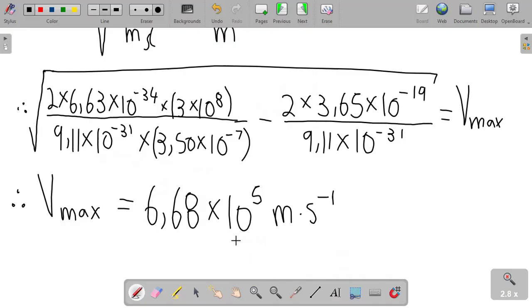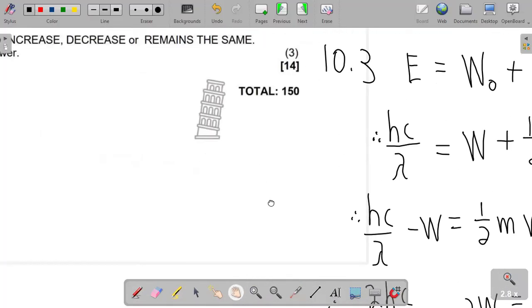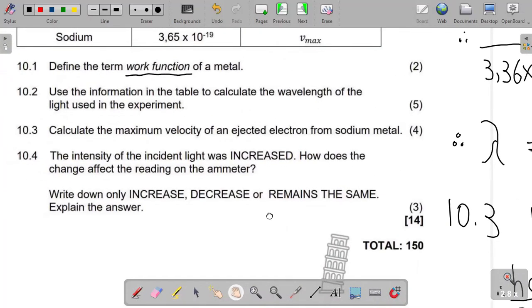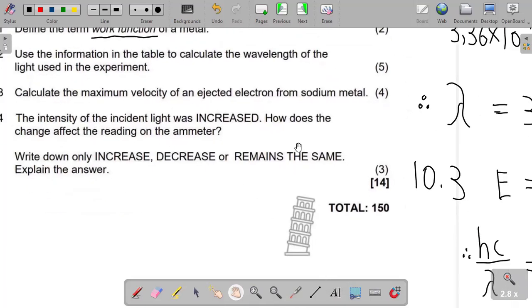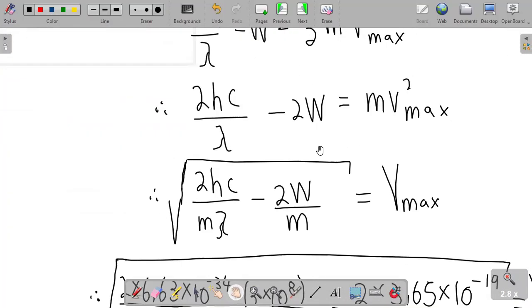This is what it gives me. It's the Vmax, which is the speed that they're asking for here. Maximum velocity, yes.